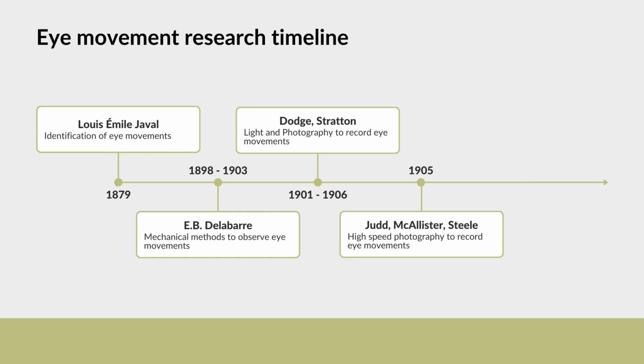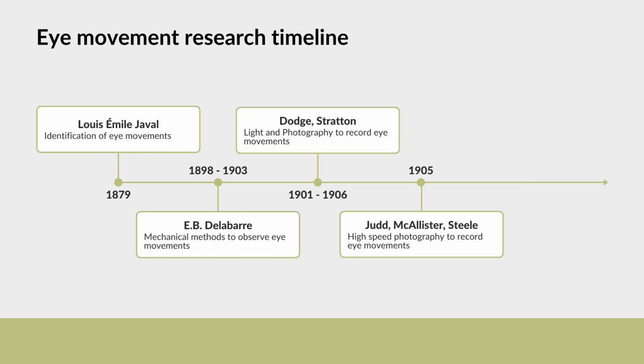The limitation of Dodge and Stratton's approach was that they were able to monitor eye movements, but only in a linear fashion. With Judd, McAllister, and Steele, their approach also involved the use of light reflected onto the eyes, but it made use of high-speed photography.